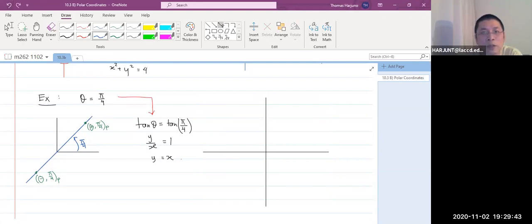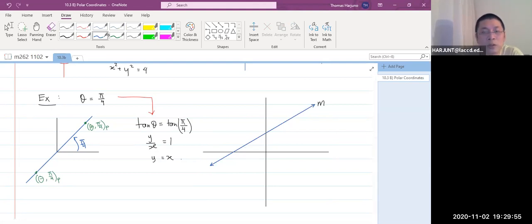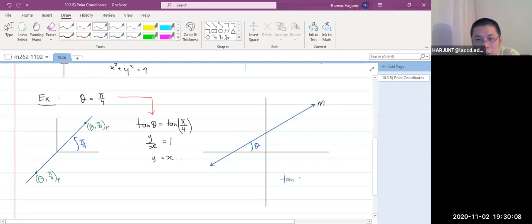I tried to do it fast, I end up messing up. Now, the slope of this line equals to the tangent of this theta. Okay, let me say it again. Tangent of the angle theta, angle from positive x-axis, is equals to the slope of the line.